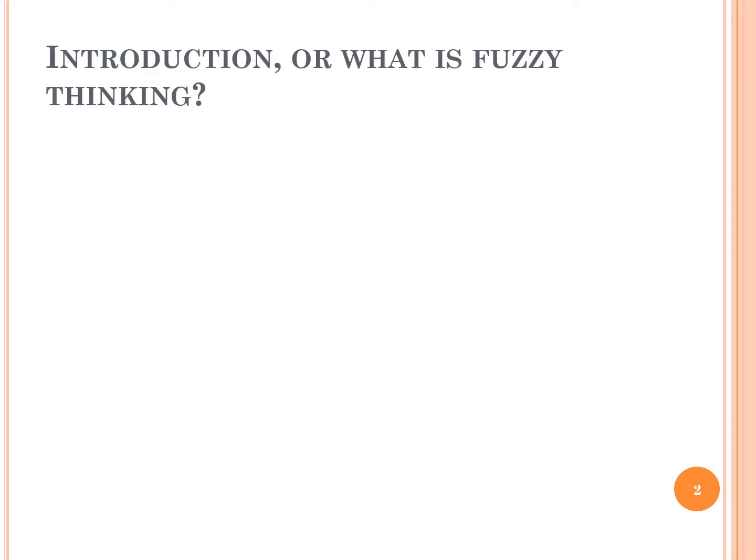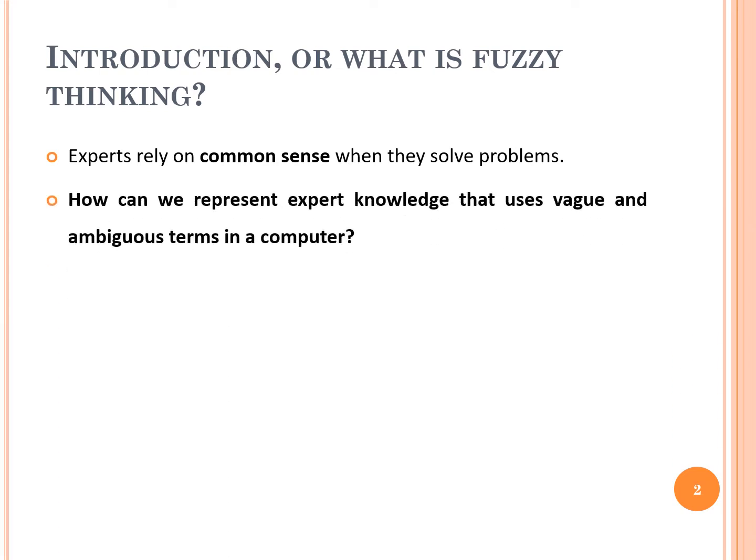So, what is fuzzy thinking? As we know, experts normally rely on common sense when they solve problems. How can we represent this expert knowledge that uses vague and ambiguous terms in the computer?